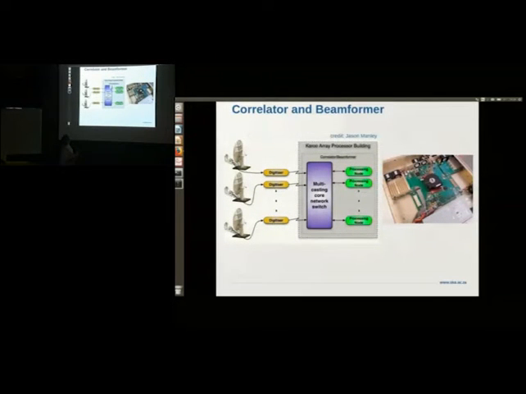So next up, I just want to give a quick overview of our correlator beamformer architecture. This block diagram shows the interface between the digitizers and the processing nodes. For MeerKAT, the processing nodes are SKARAB boards, and SKARAB boards are FPGA boards.